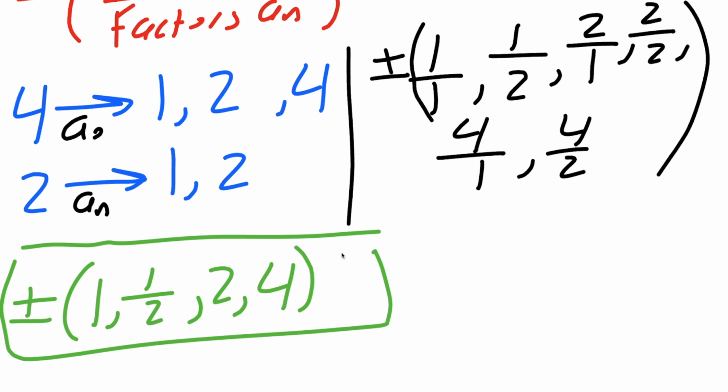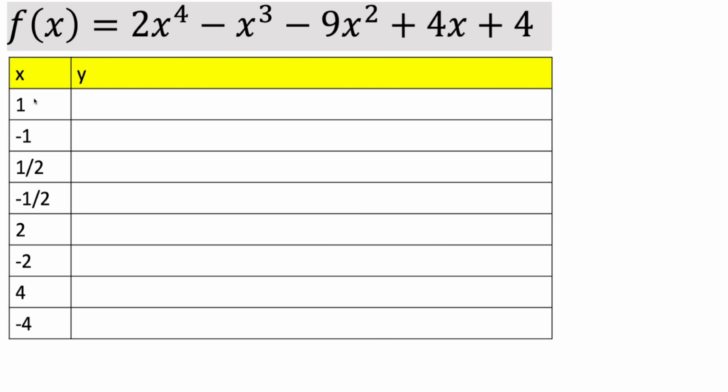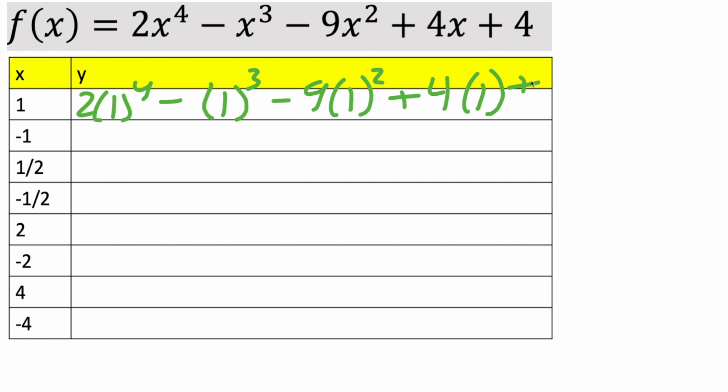And so we got our possible rational roots, and it was all of these numbers. The next step to actually know if you have a root is to plug it back into the original equation. So let's try 1. If I plug in a 1 here, I get 2 parentheses 1 raised to 4 minus parentheses 1 cubed minus 9 parentheses 1 squared plus 4 parentheses 1 plus 4.